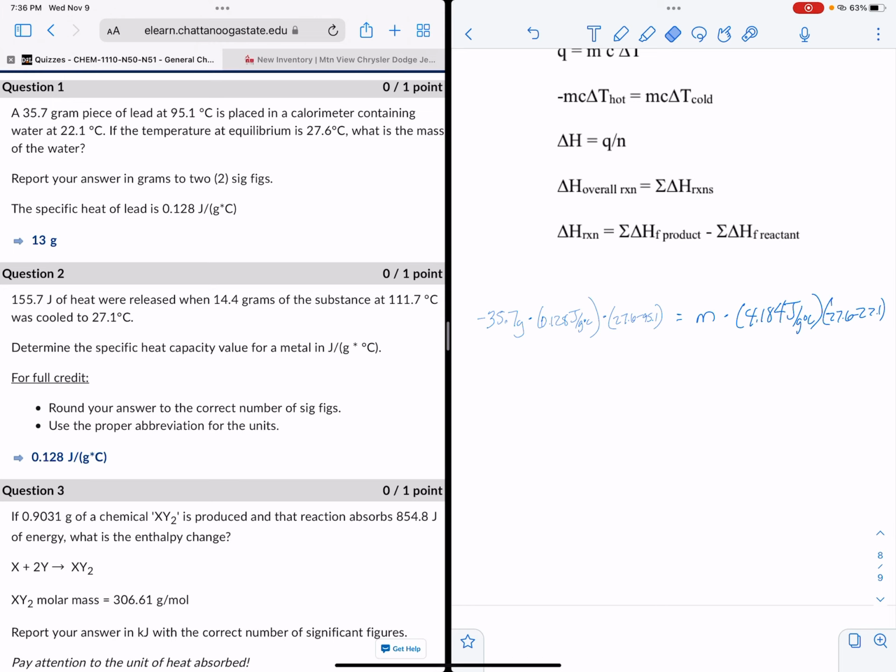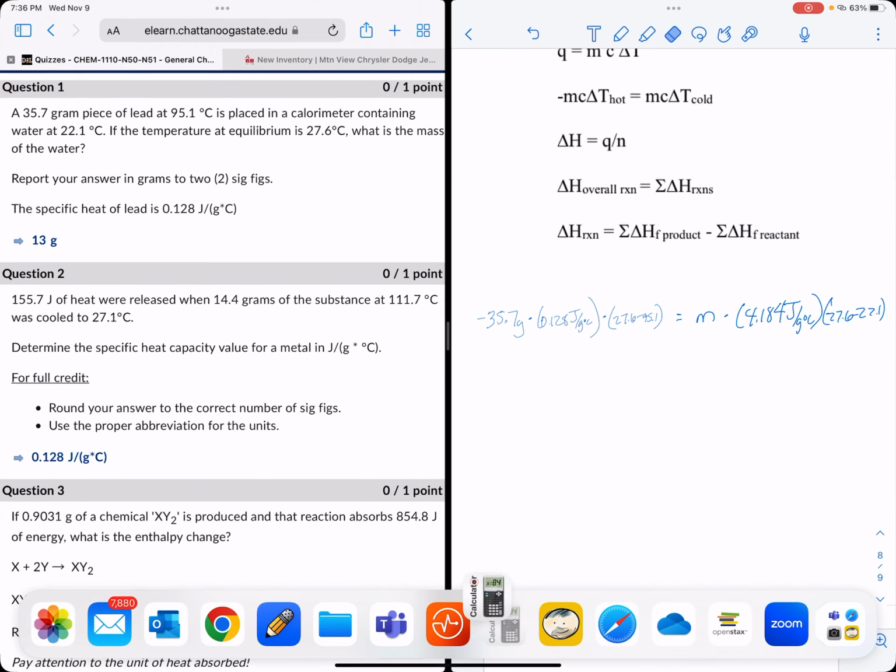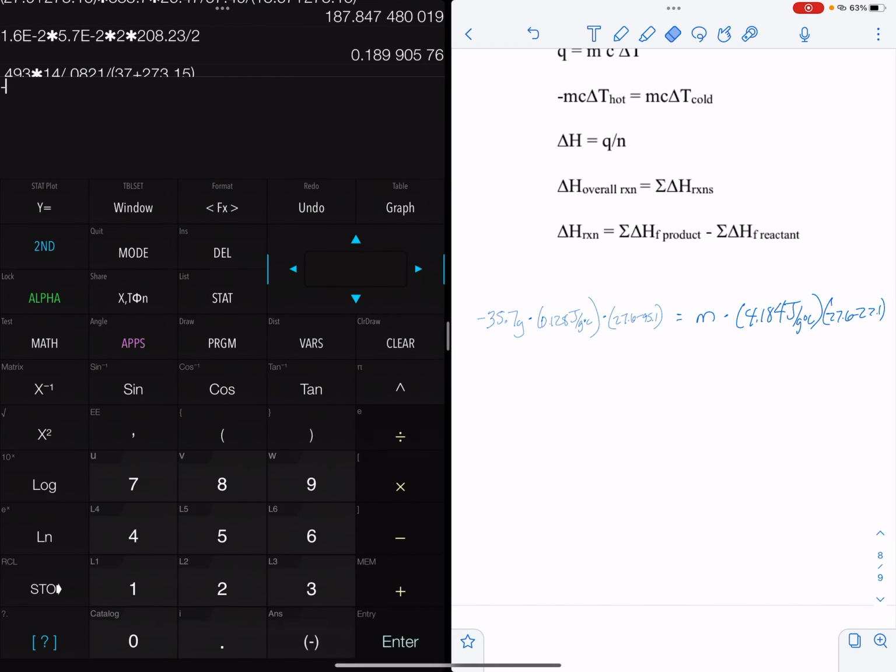So anyways, I'm going to put this in my calculator and see what I get. Negative 35.7 times 0.128 times parentheses 27.6 minus 95.1. So I got that whole range right there.